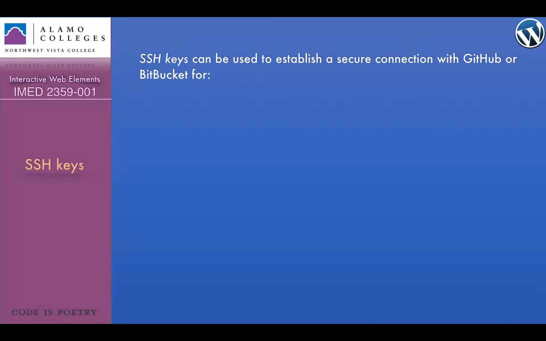Whenever you want to use GitHub or Bitbucket, you need that key copied to GitHub or Bitbucket, and then when you try to connect to that repository, it will look at that key and at your computer's key, and if they match, then it gives you entrance to that repository.